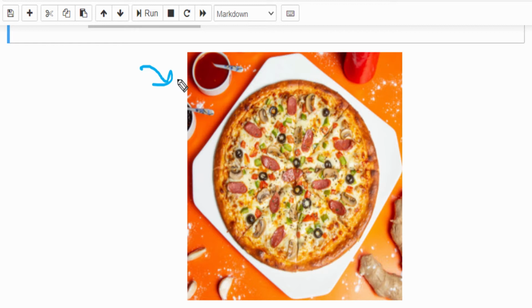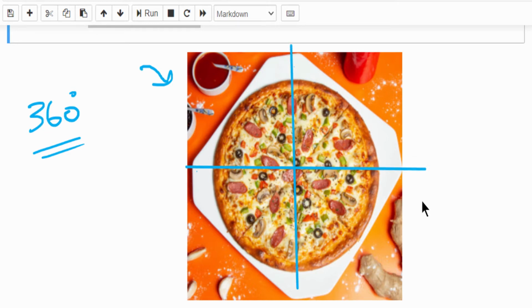Okay, we ordered a pizza with a group of friends, and we know pizza will be in circular shape, which means 360 degree. If I draw the x and y axis, 0, 90 degree, 180 degree, this will be 270 degree, then 360 degree.